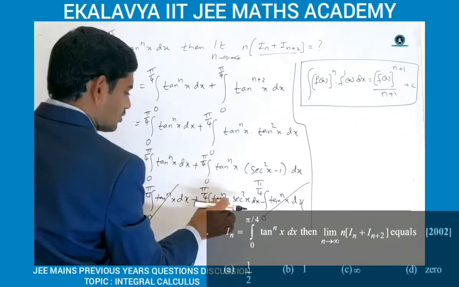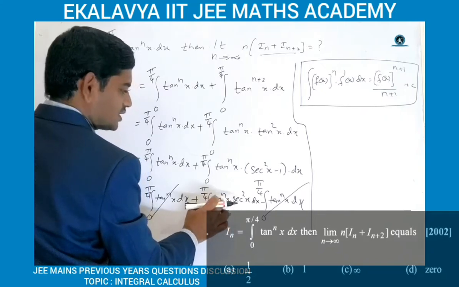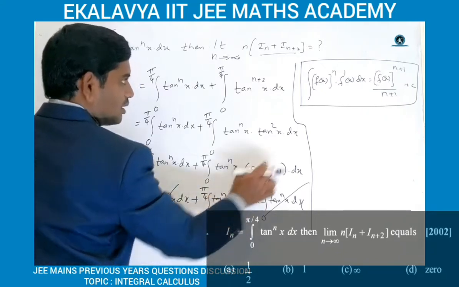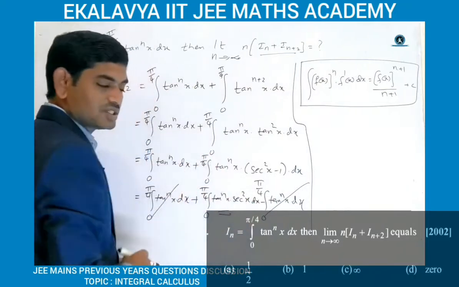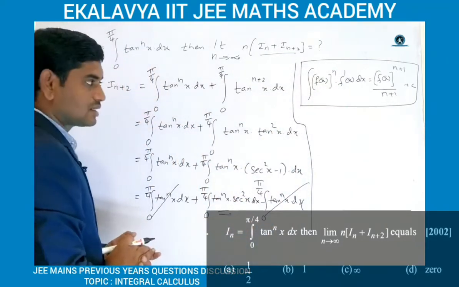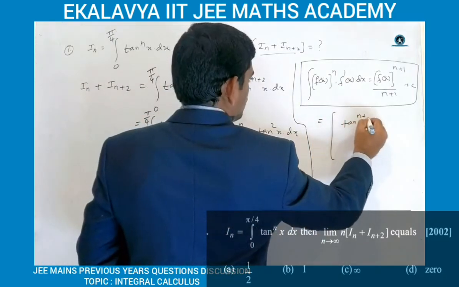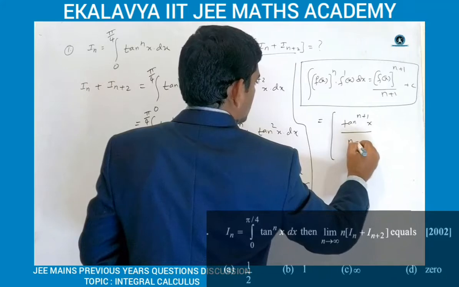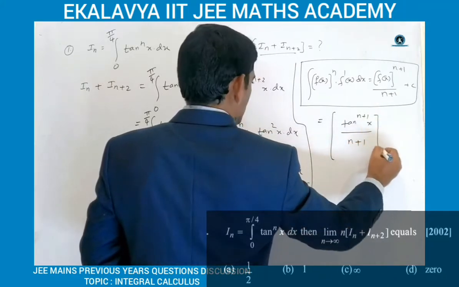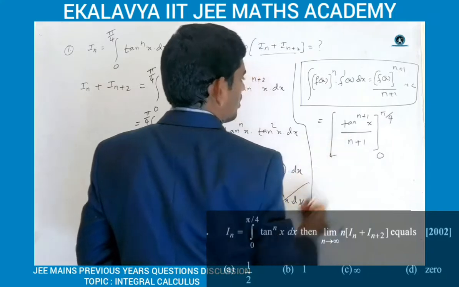Now which is in the form of tan power n x, where f of x is tan x power n and f dash of x is what? Secant square x. Now we can also write tan power n plus 1 x upon n plus 1, with the limits 0 to pi by 4.